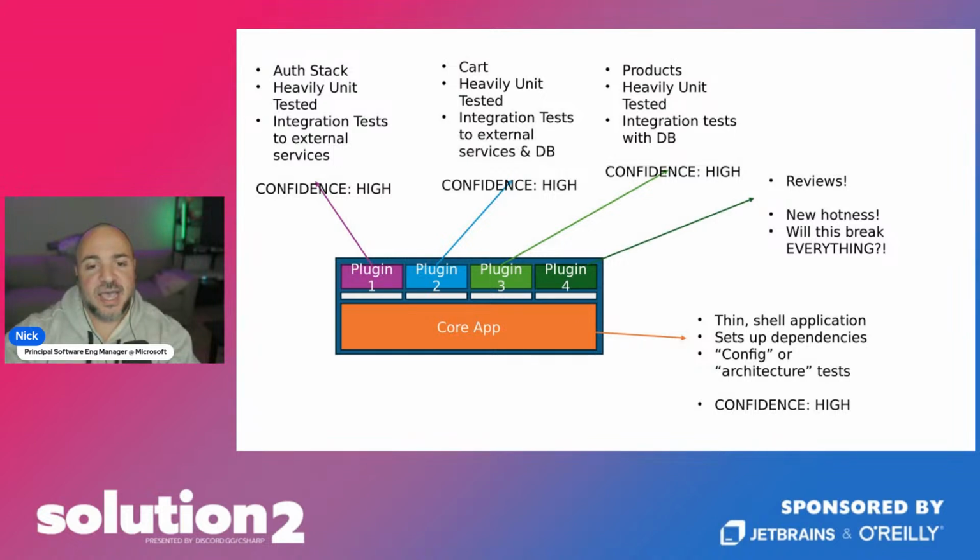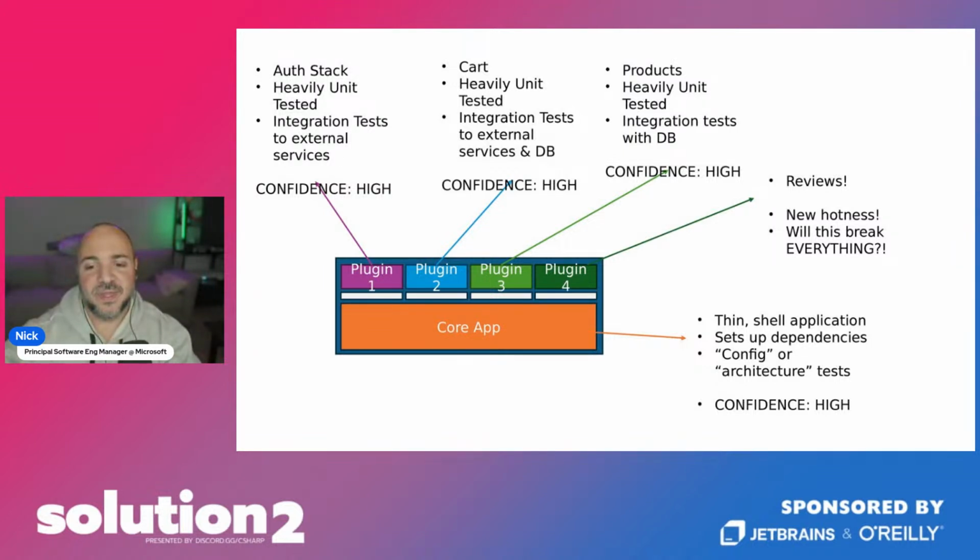If you're going to add this, are you suddenly losing confidence in the code that's in plugin 1, 2, and 3? Or should you feel pretty confident that because plugin 4 is brand new and isolated, stuff in plugin 1, 2, and 3 should be, again, I'm not guaranteeing it, but should be pretty safe?